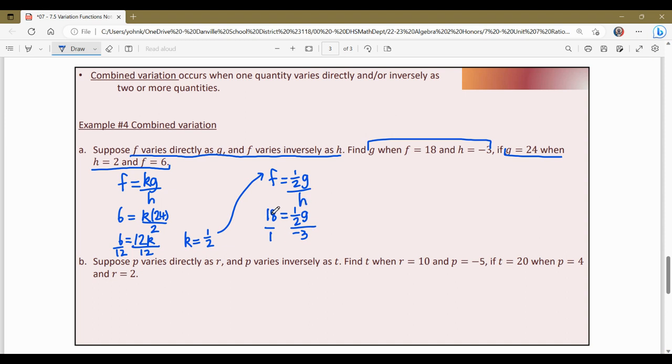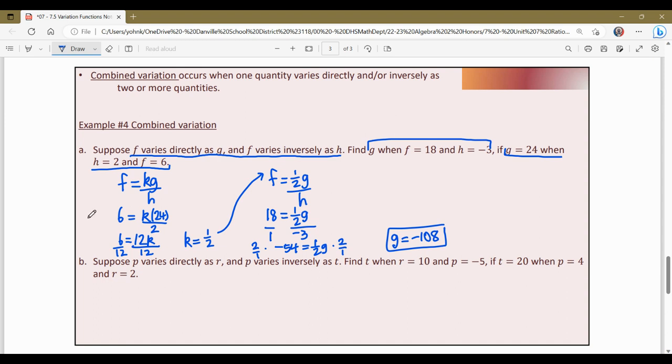So 18 times a -3 is -54 equals, and 1 times a half g is a half g. I can either at this point divide by a half, or I can multiply by the reciprocal, 2 over 1. And that's going to give me g equals -108. So be careful. There's some interesting, tricky math in there. Watch your signs, watch your fraction bars.